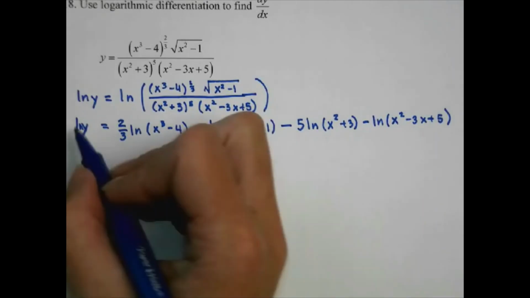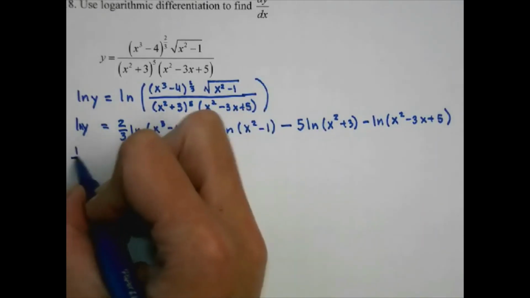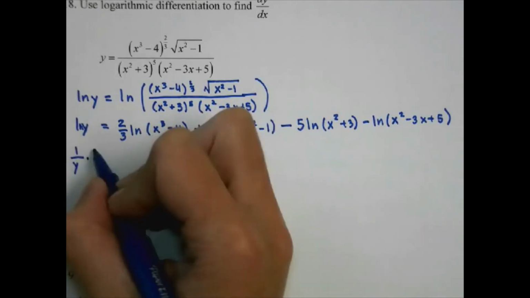So we're going to take the derivative of both sides. So the derivative of natural log of y is 1 over y, but we're taking this with respect to x.